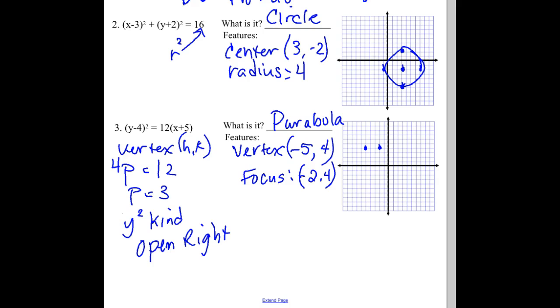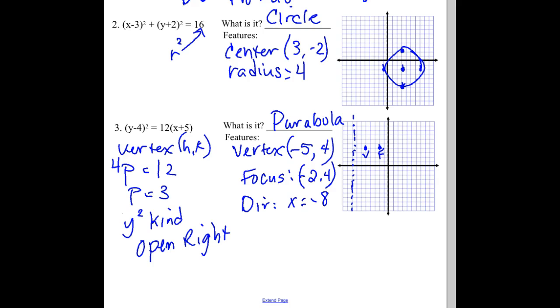And if we went 3 spaces to the right to get the focus, we're going to go 3 spaces to the left to get the directrix. So there's my vertex, my focus, and 3 spaces to the left puts me there. We're going to have a directrix with the equation x equals negative 8. And we know that our graph opens to the right.